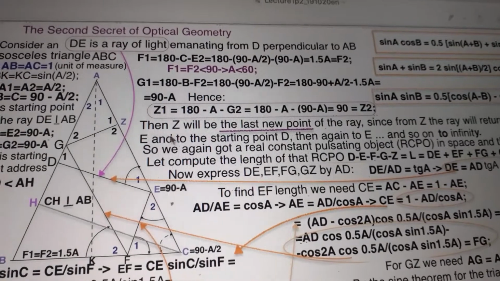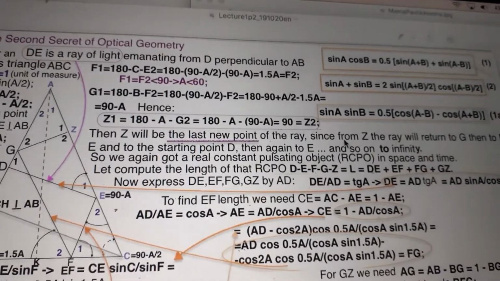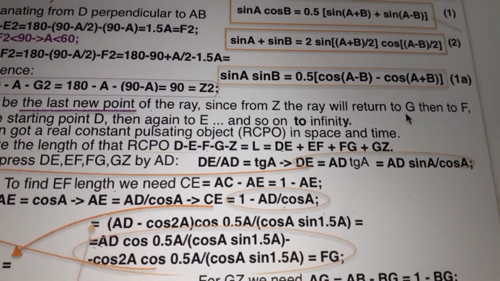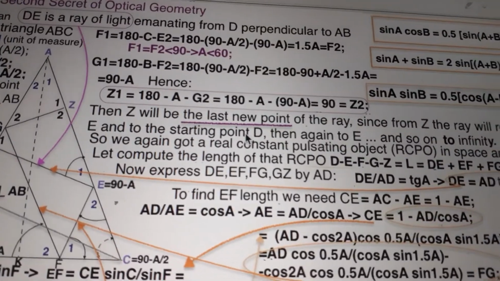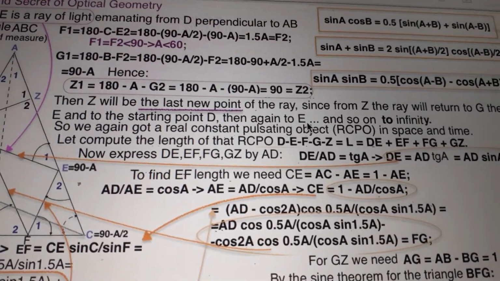Then point Z will be the last new point of the ray, since from Z the ray will return to G and then to F and to the starting point D, then again to E, and so on to infinity.